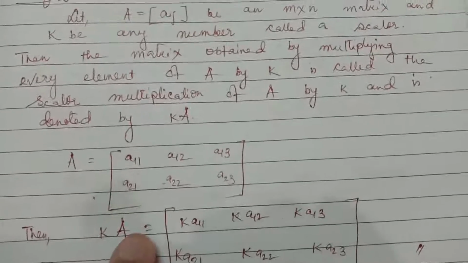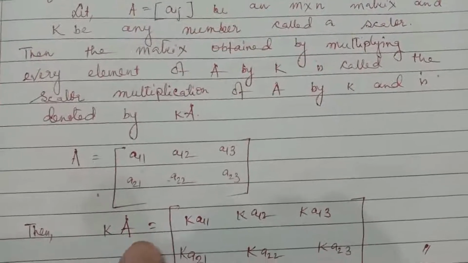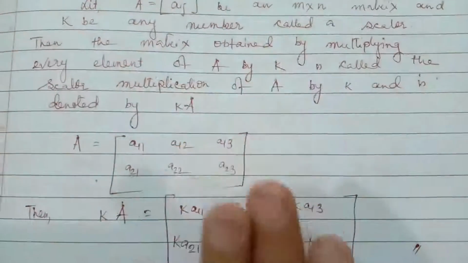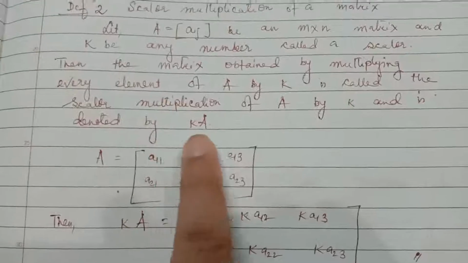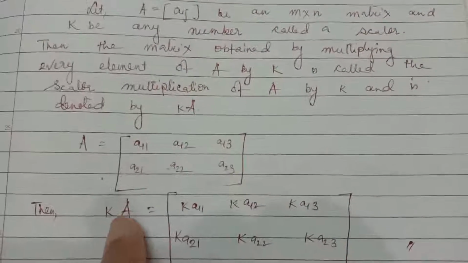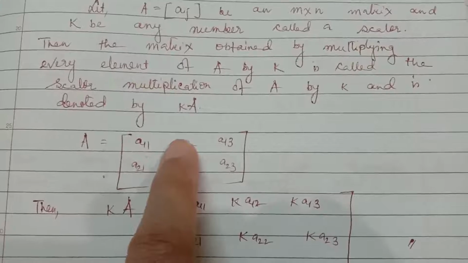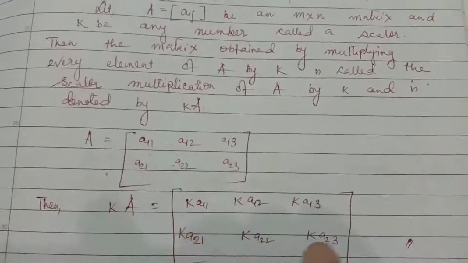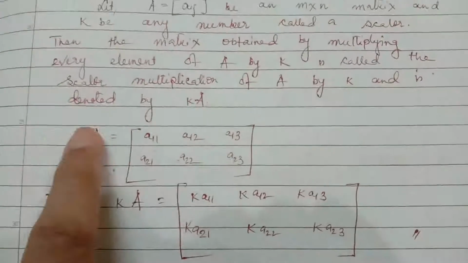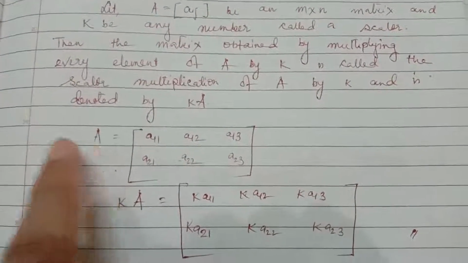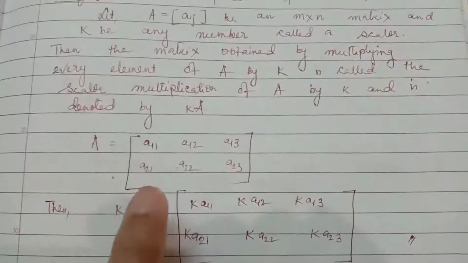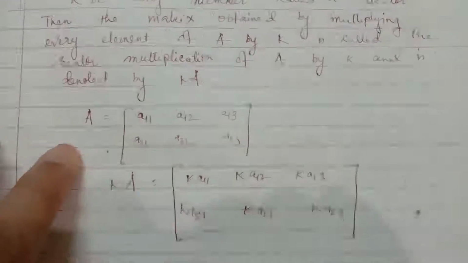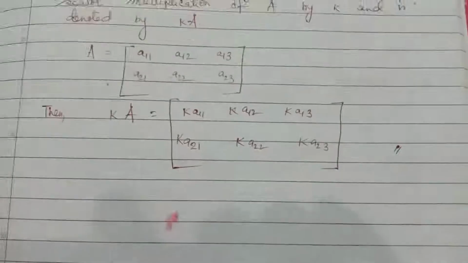Then K into A, the number K into matrix A, equals a matrix which we will get by multiplying every element of A by K. So KA equals Ka11, Ka12, Ka13, Ka21, Ka22, Ka23, etc. This is called scalar multiplication of a matrix, multiplication of A by the scalar K. Scalar means a number. We have to multiply all the elements by the number K.